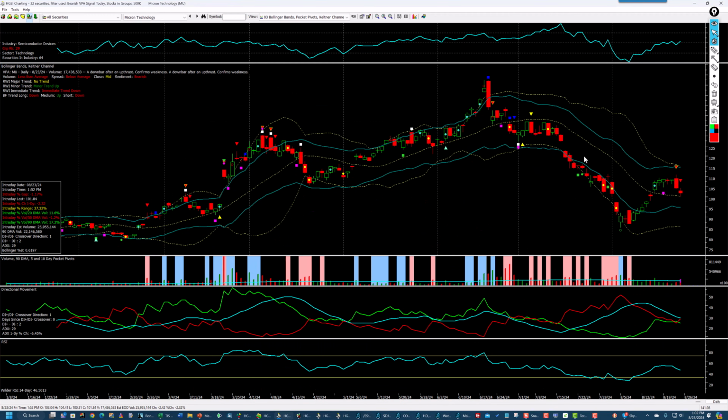Let's make this full screen, take a look at it. Here was stopping volume, came back inside the band, had a nice move up, but it's stalling here. Didn't get up to the band, but here is, if you look at this, an upthrust bar, a sign of weakness, and it's following through today.